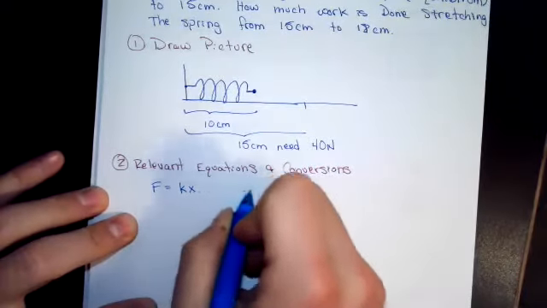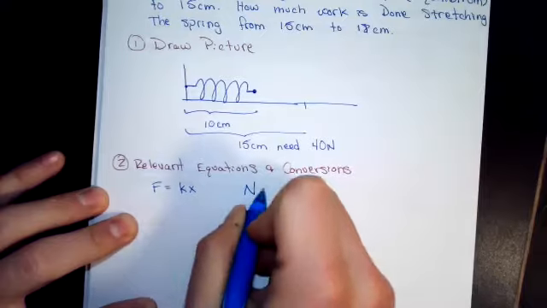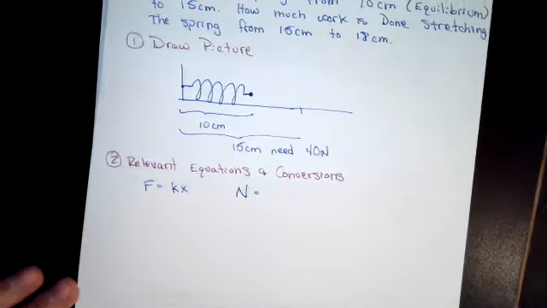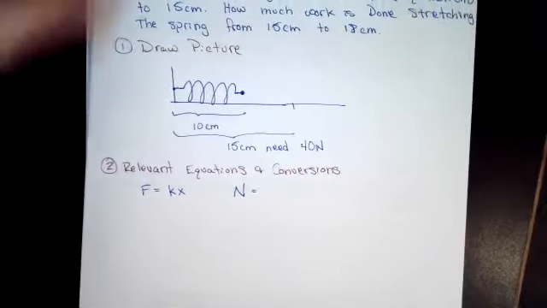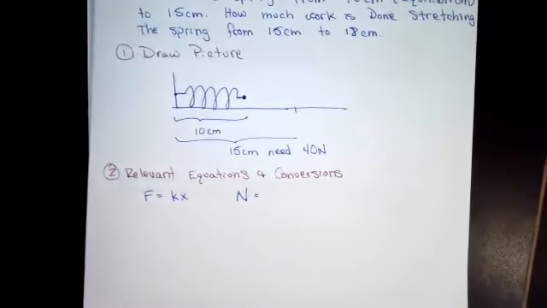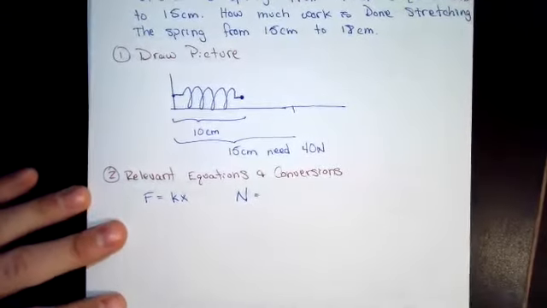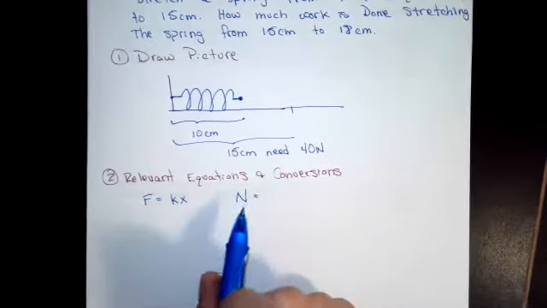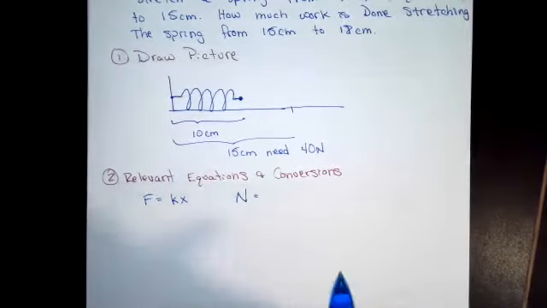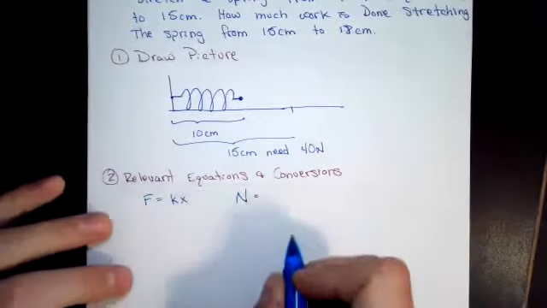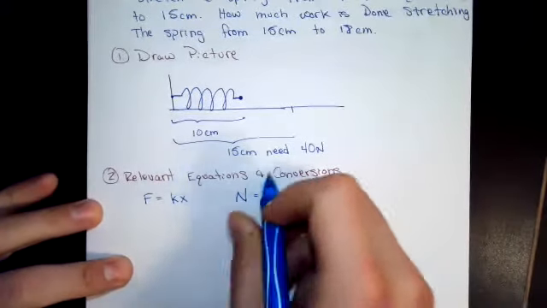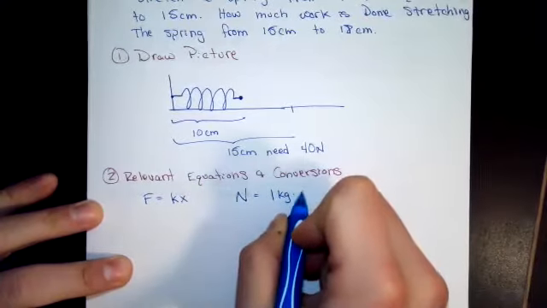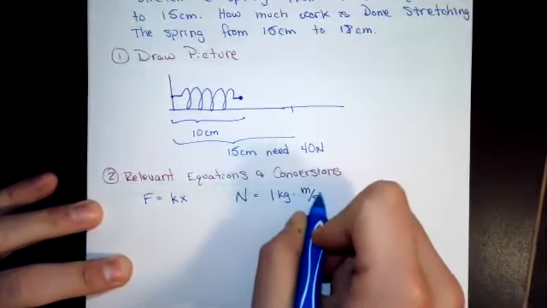What is a Newton? Does anyone know this one? Do you remember from physics? So 1 Newton of force is the amount of force it takes to accelerate 1 kilogram by 1 meter per second squared.